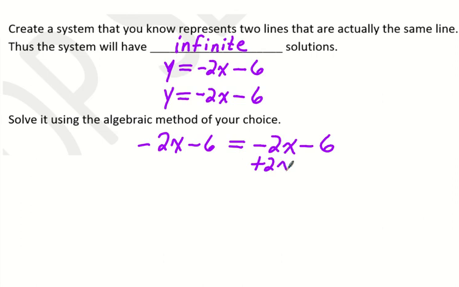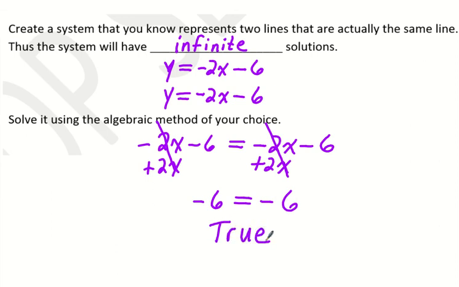When we work to get the variable on one side, it happened again. The variable totally cancels out, but what you're left with, in this situation, is -6 equals -6, which is completely true.